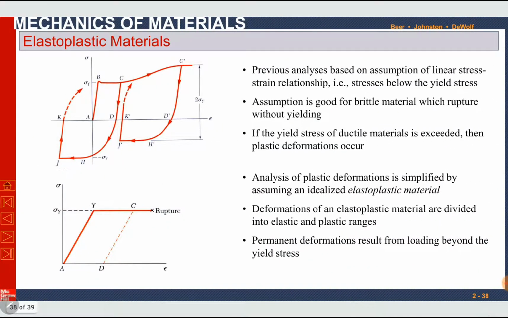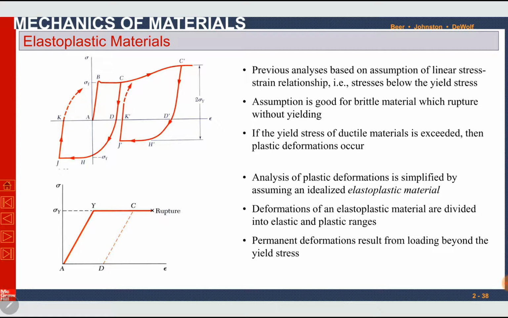Okay, our next topic is elastoplastic materials. The previous analysis was based on the assumption of a linear stress-strain relationship, that is, stress below the yield stress. The assumption is good for brittle materials which rupture without yielding. But if the yield stress of ductile materials is exceeded, plastic deformation occurs.